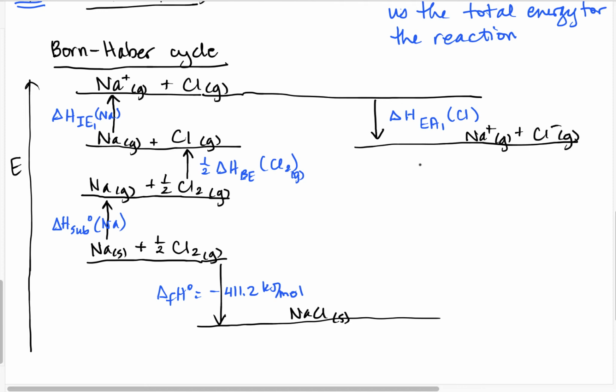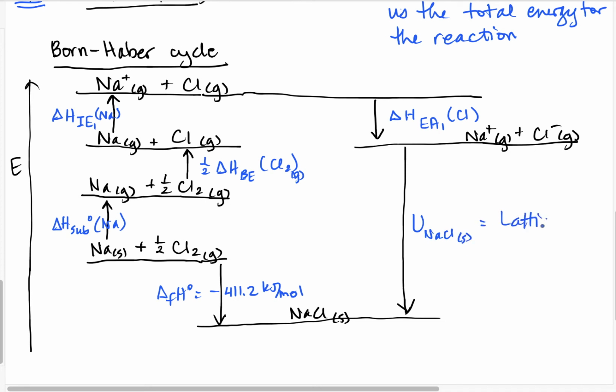And now by definition, the amount of energy that is released if we take gaseous sodium ions and gaseous chloride ions and make them into solid sodium chloride, that is exactly how the lattice energy for the sodium chloride is defined.